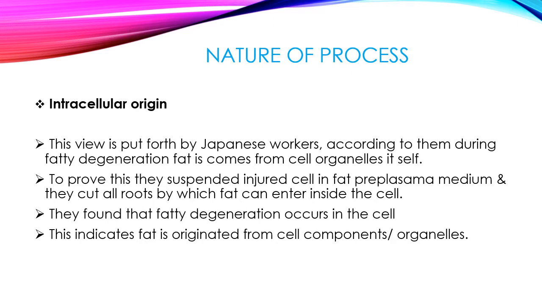Fat comes from the cell organelles themselves, and to prove this they suspended injured cells in a fat-free plasma medium and cut all routes by which fat can enter the cell. They found that fatty degeneration still occurred in the cell even though all routes of fat entry were cut.